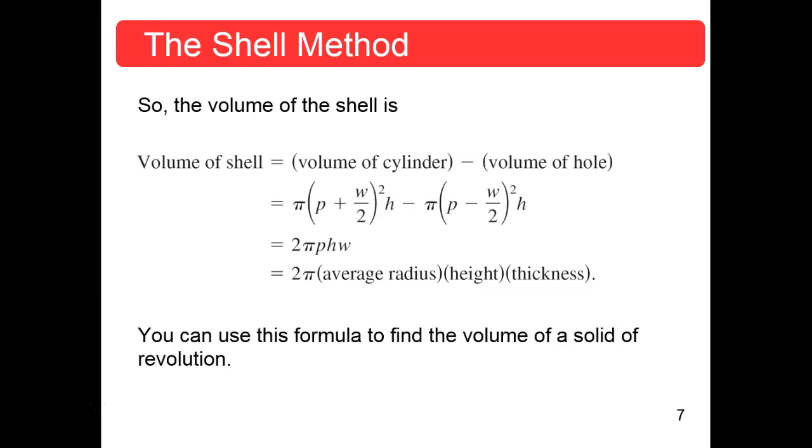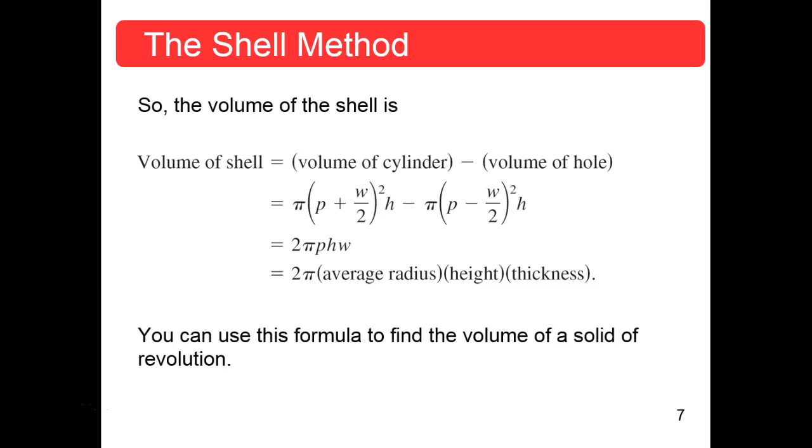The last terms, plus W squared over 4 and minus W squared over 4, subtract away. So you just have the cross terms, which is 2 pi PHW. What is P? The average radius. H is the height, and W is the thickness.